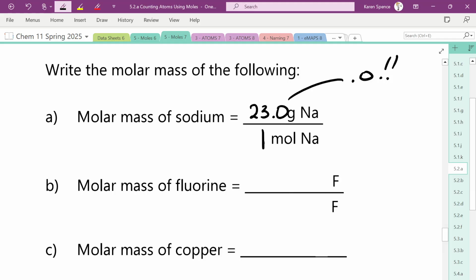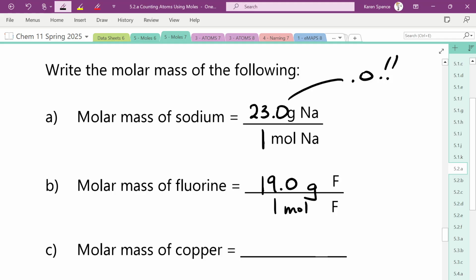All right. Let's try fluorine. What is the molar mass of fluorine? 19.0. And we need our grams, and on the bottom, we need 1 mole.